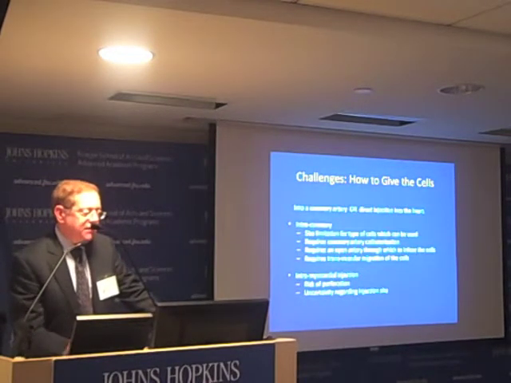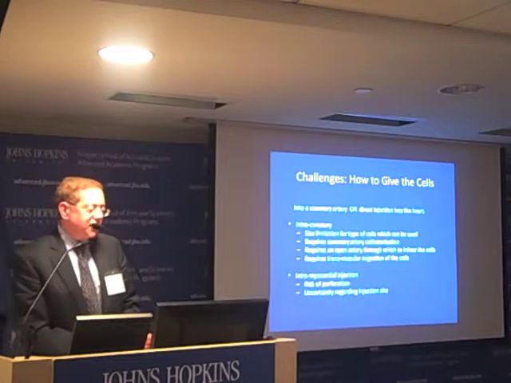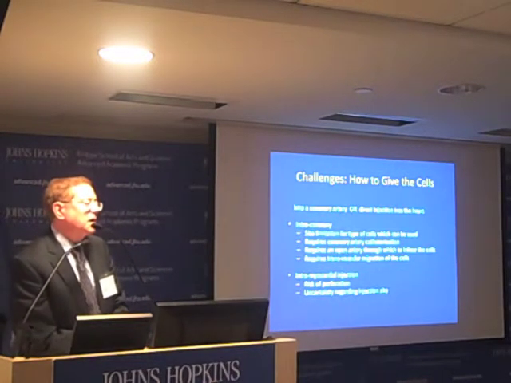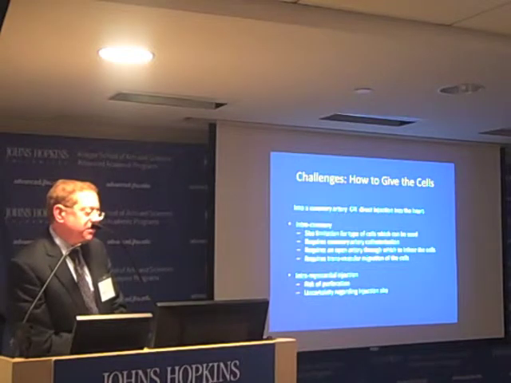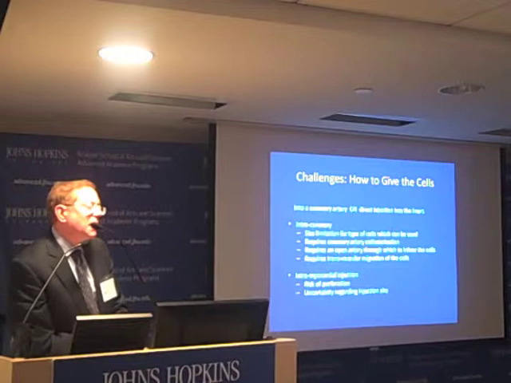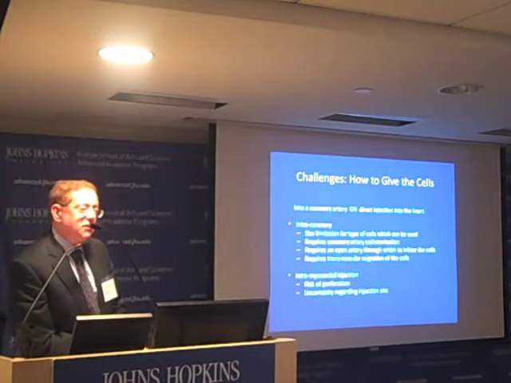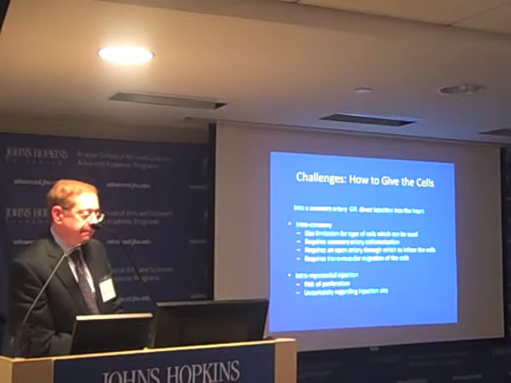Another challenge is how to give the cells in the coronary artery or directly inject them into the heart muscle itself. So if we give it into the coronary artery, there's a size limitation for the type of cells which can be used. And there's also a limitation on the number of cells that can be used, because if we use very large cells or a large number of cells, then they may result in blockage and occlusion of the coronary artery.